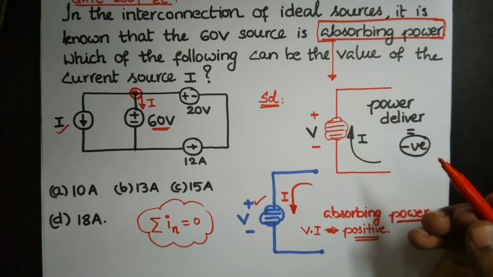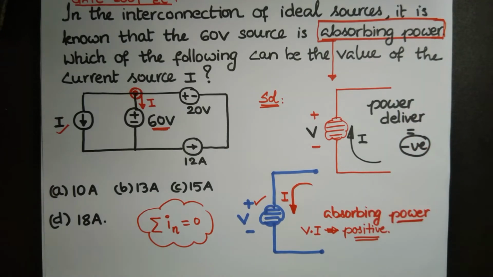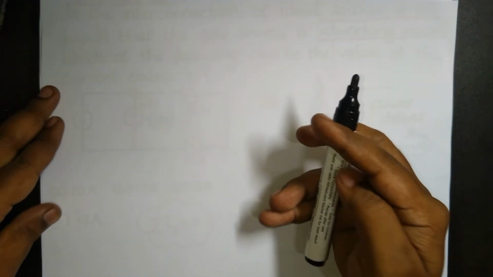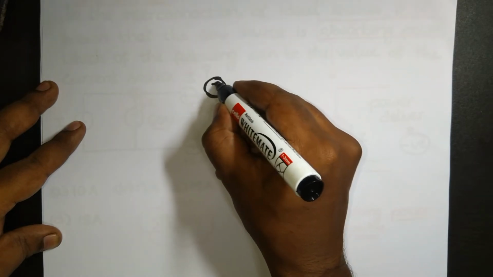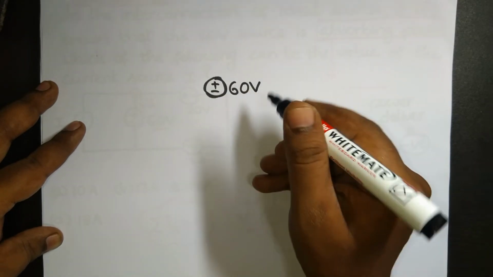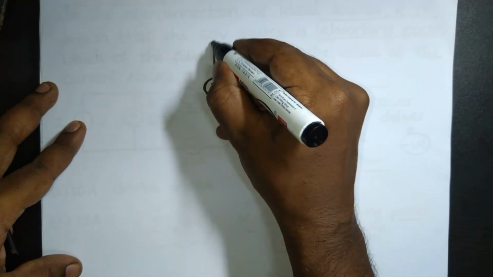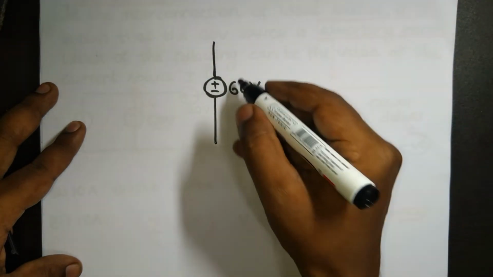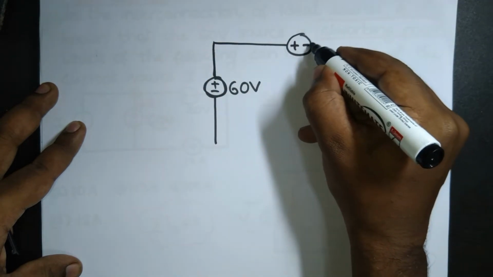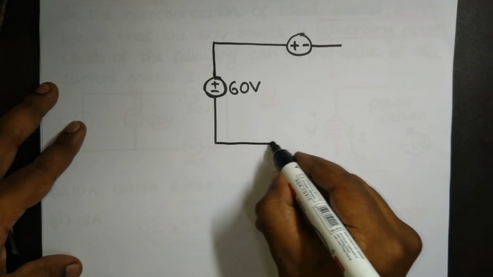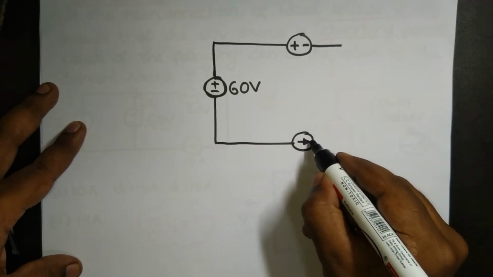All right, now let's try to satisfy this KCL. Let me take one more page and redraw it here. So here you have the 60 volt DC source, and here you have one more source, with polarity mentioned like this, and here you have one more source.